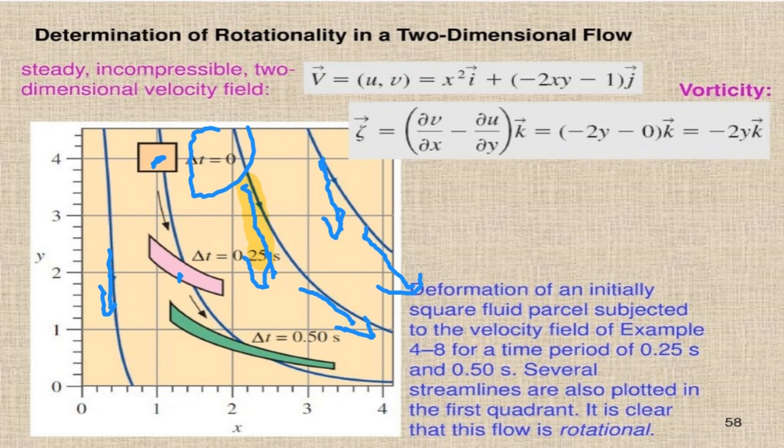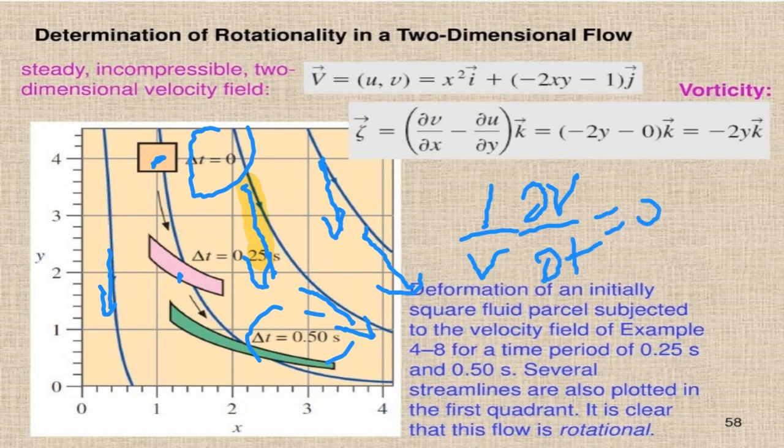At t equals 0.5 seconds, it has elongated more, and meanwhile it has contracted like this, because what is the condition for incompressibility? It's necessary to have 1 over V dV/dt to be 0.